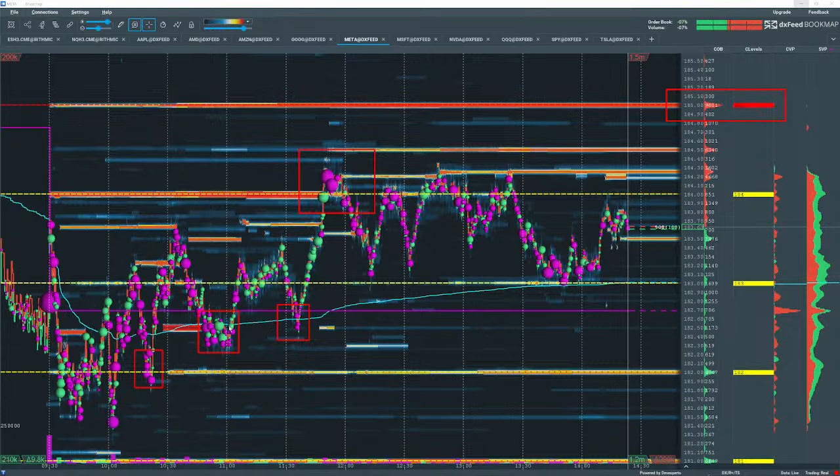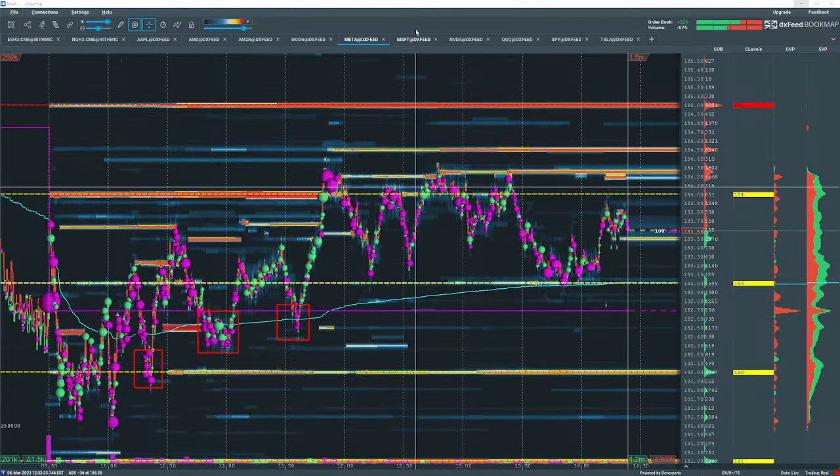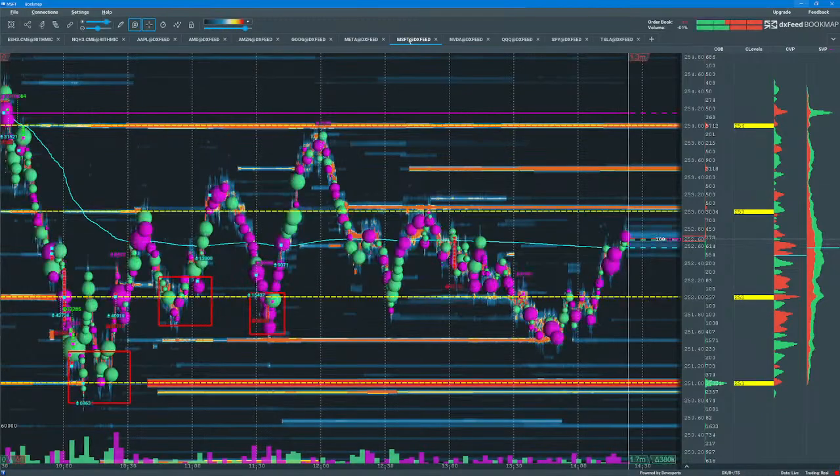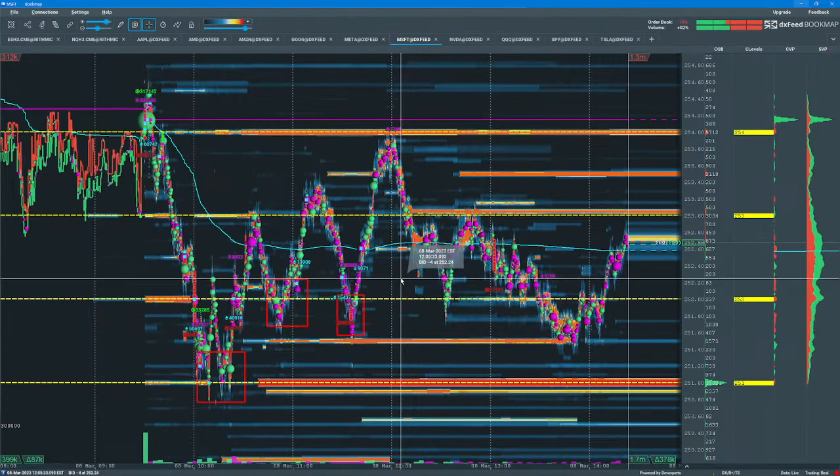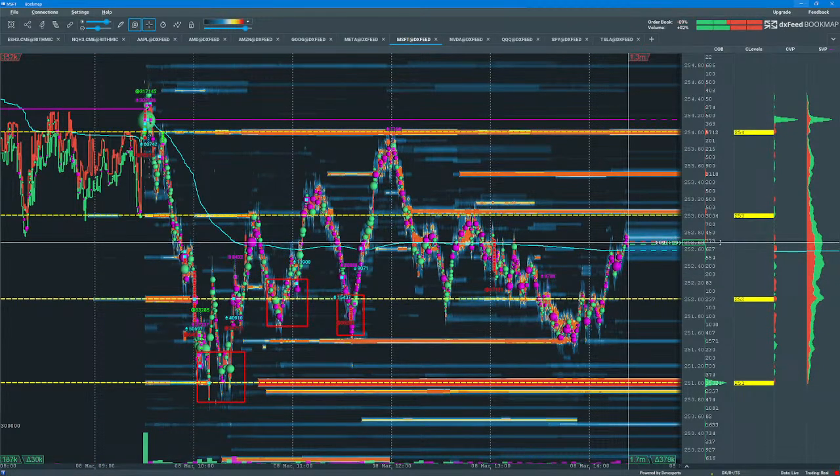Looks like the pullbacks to VWAP were the best. And Microsoft. Pretty choppy action, wide range.